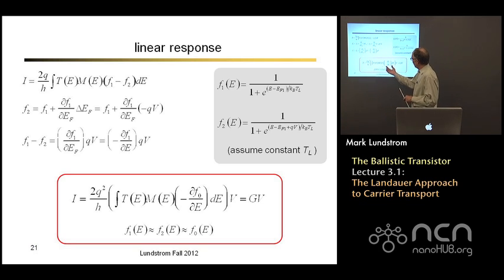What's important now is the derivative of the equilibrium Fermi function. F1 is approximately equal to F2, and both are very close to the equilibrium Fermi function. So it's that derivative that will be important, and then we have a times voltage. So current is something times voltage. That something is what we call conductance. So we have an expression for the conductance.